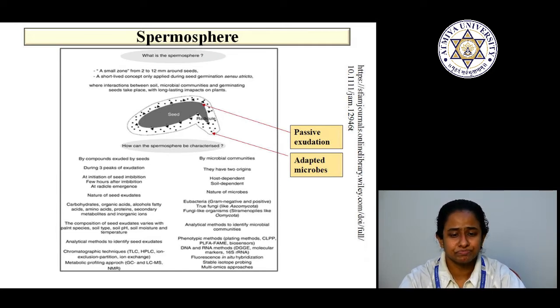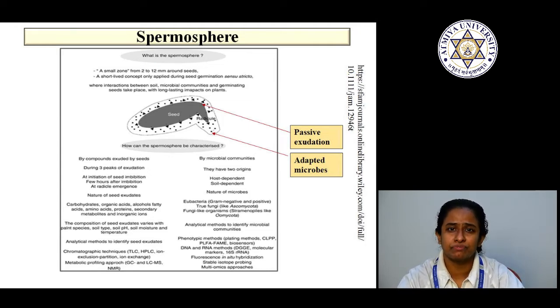And based on the spermosphere effect, the characteristic property, you can see the exudation of the seed has three peak stages in this spermosphere. One is the seed imbibition stage, that means when the seed takes up water, it swells up, that is called the seed imbibition stage, that is the first peak.